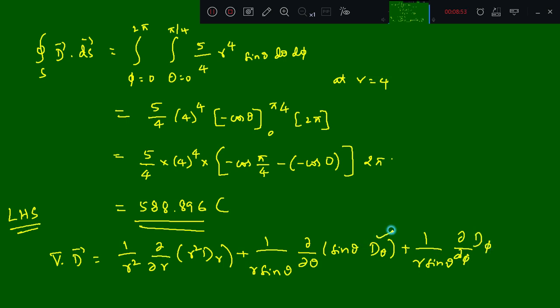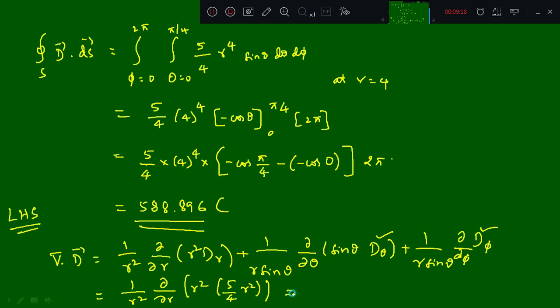So here D theta and D phi are 0. So these two terms become 0. Then we remain with only the first term, that is 1 by r square d by dr of r square into 5 by 4 r square.